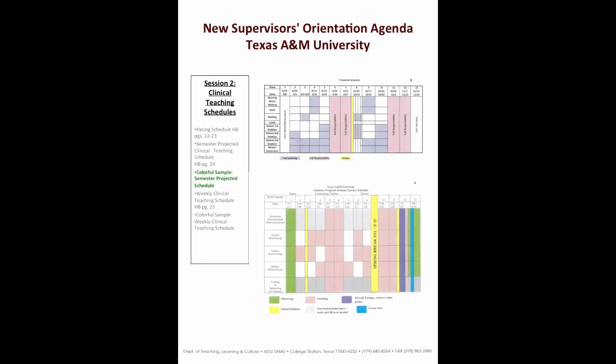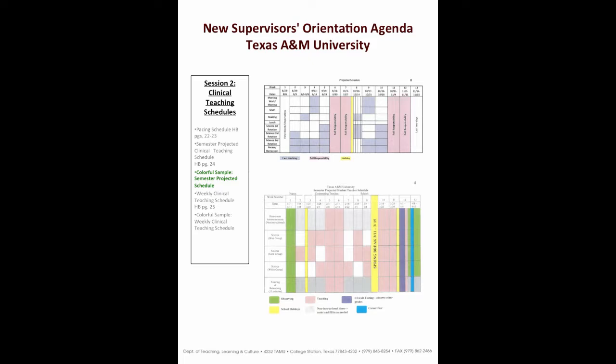Next, let's look at two colorful examples of projected pacing schedules. These were composed on the computer by actual former clinical teachers. One is an example from a fall semester, while the other is from a spring semester. Notice the dates across the top of each chart and subjects listed down the left side of the chart in each example.